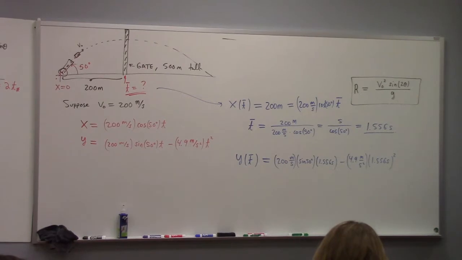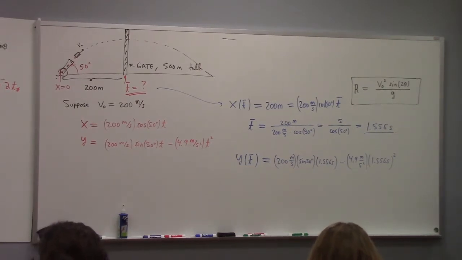Let me crunch the numbers here. 200 times the sine of 50 times 1.556. So that first term is like 238.4-ish. That's what I got. And then I'm going to subtract.